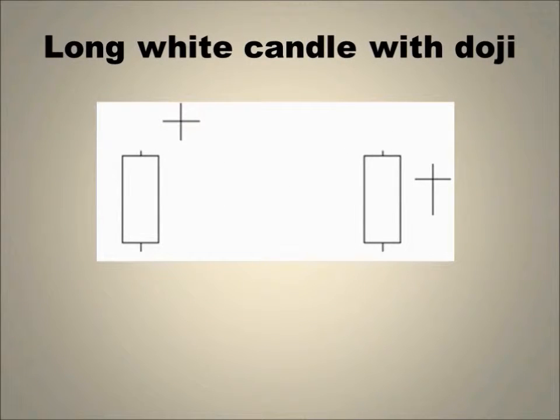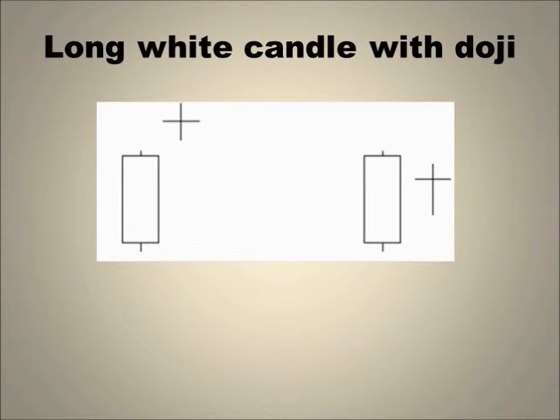So let's talk about a long white candle with a doji. What does this mean? Well, we see these in a bull market where we have rising candles, and then we have a doji where the open and close are at the same place.